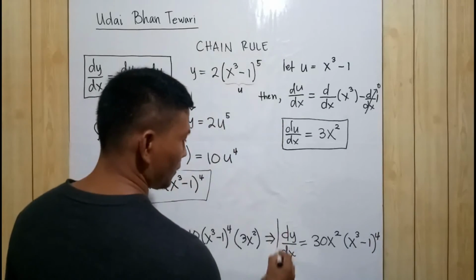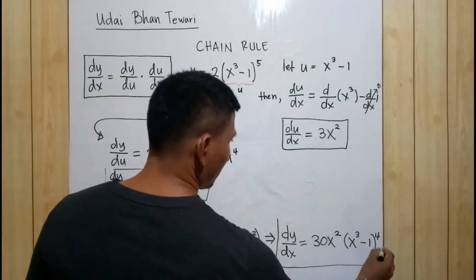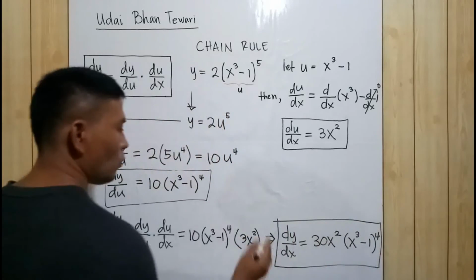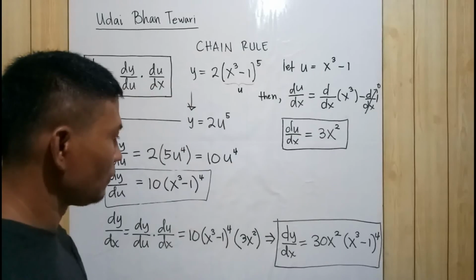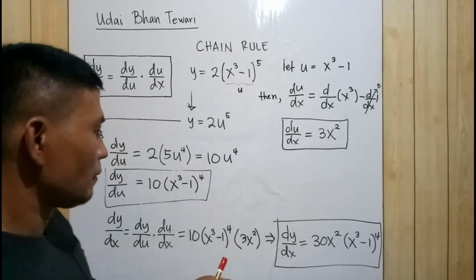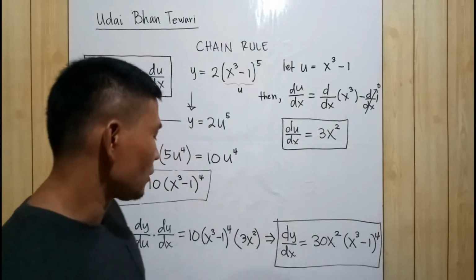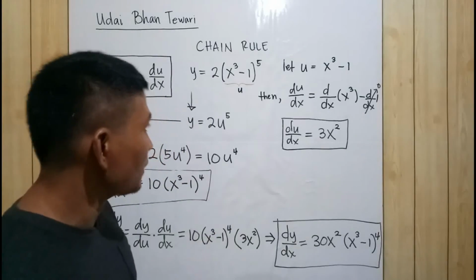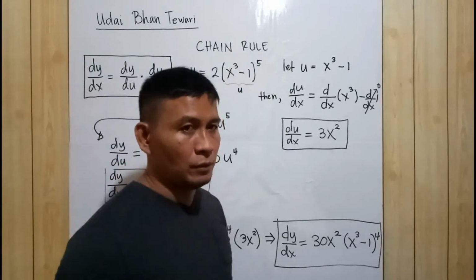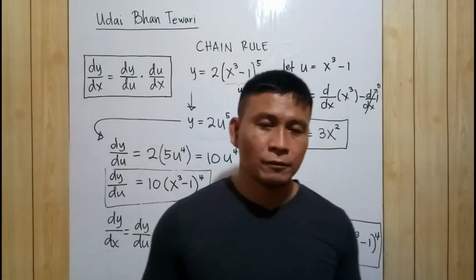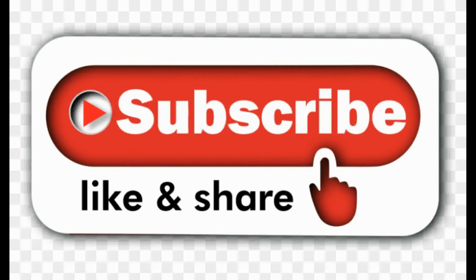So that is the final answer for dy/dx given the value of y a while ago. That is the value of our dy/dx, or the derivative of y in terms of x, by using the chain rule. Okay, I hope you have learned something from this video, guys.